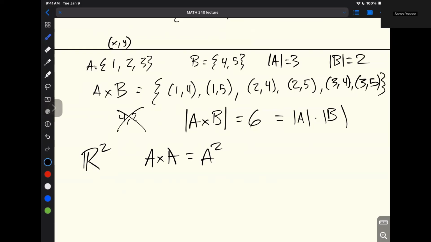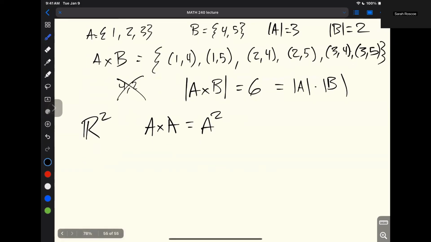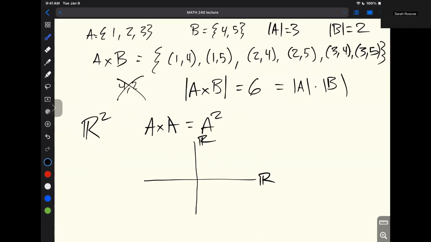The real numbers squared just happens to be the Cartesian plane, right? There's real numbers on the x-axis, there's real numbers on the y-axis. So if we call that x and we call that y, then we mark a point as x comma y. So we've been doing that this whole time.